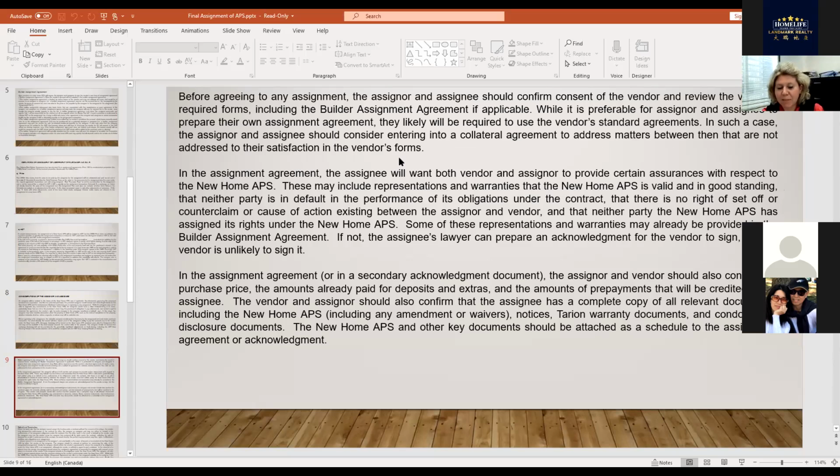Well, I'm selling, so as assignor, I have to guarantee that the new home agreement of purchase and sale is valid and in good standing, that I'm not in default in the performance of any obligation, there is no right of set-off or counterclaim, and I have not assigned my rights under the agreement to a third party. So these 3 points are important. So in Schedule A, if you represent the assignee or the assignor, you may want these 3 statements to be added and initialed by the assignor.